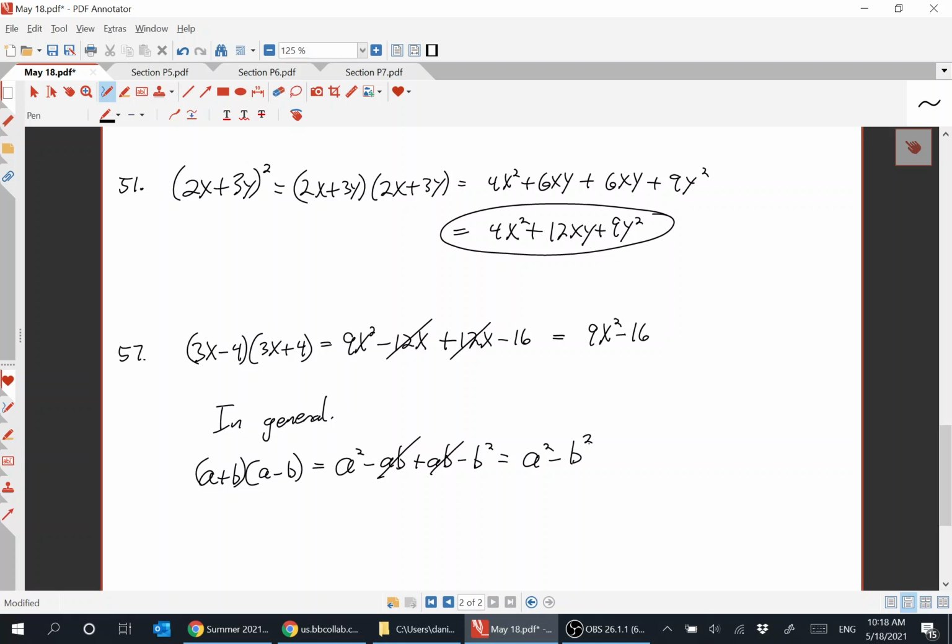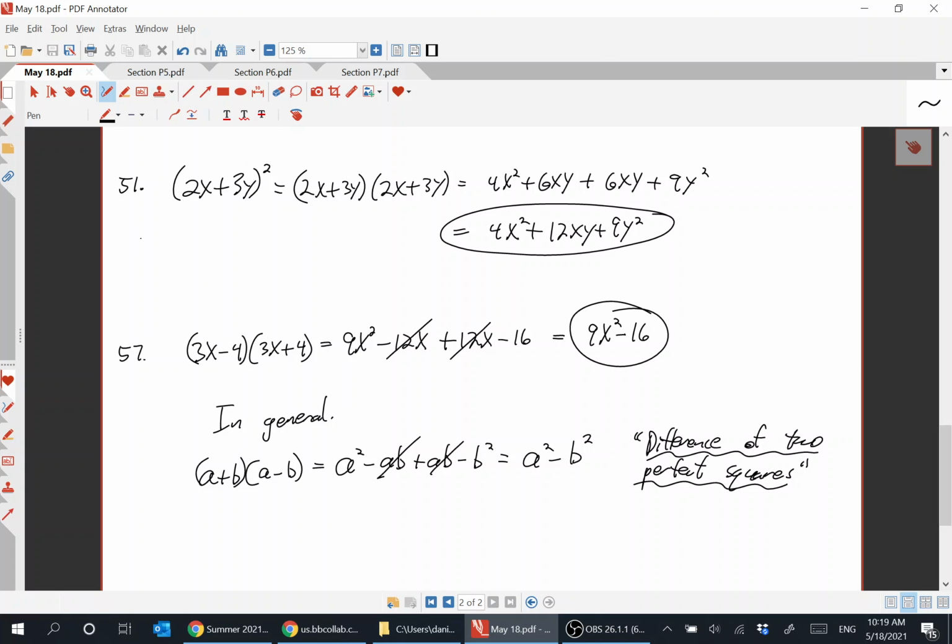It's often called the difference of two perfect squares, this formula. A lot of examples will use that because it's an easy polynomial expression to deal with.